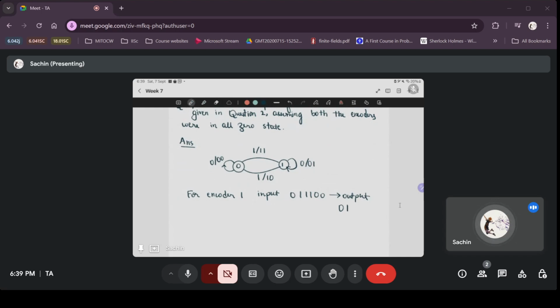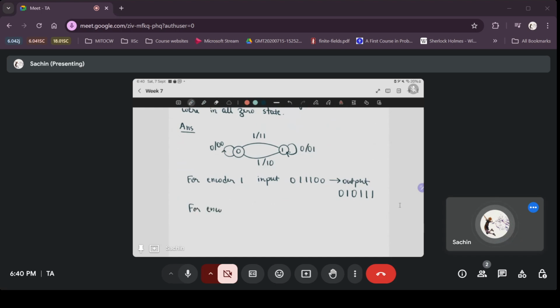Now you're in state 1 and your input is 1, so you go to state 0 and your output is 0. Then state 0, your input is 1, so you go to state 1 and your output is 1. Now you're in state 1 and your input is 0, so you stay in state 1, output is 1. Again, the final input is 0, so stay in state 1 and output is 1.